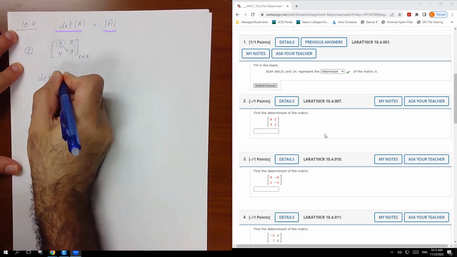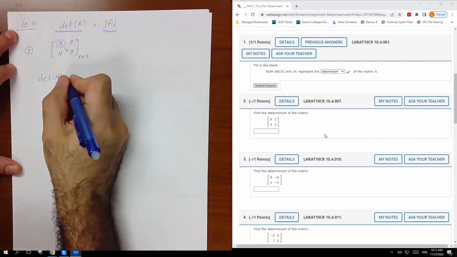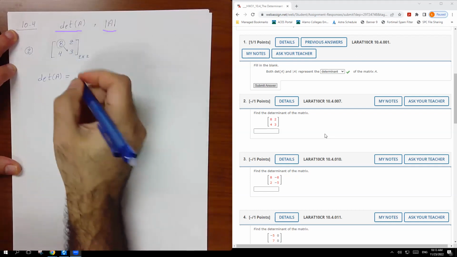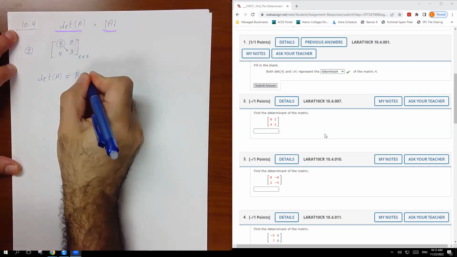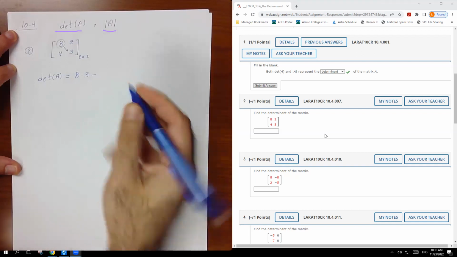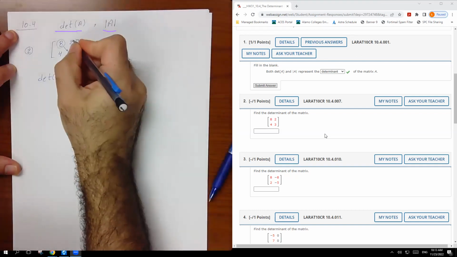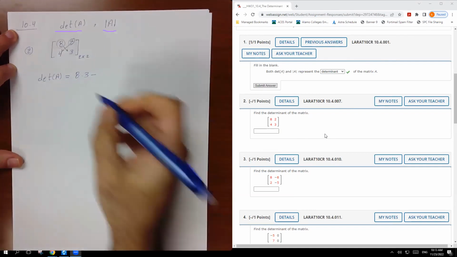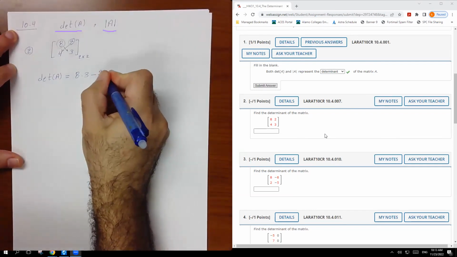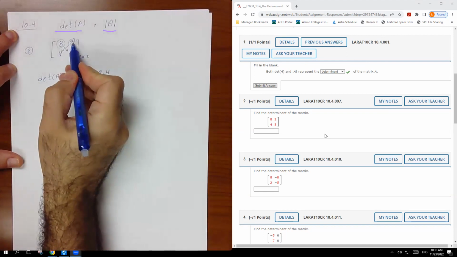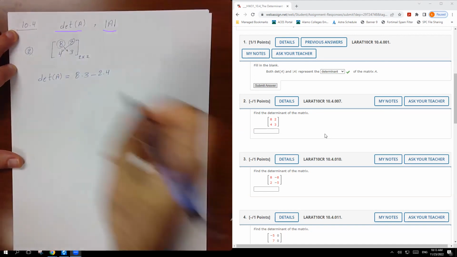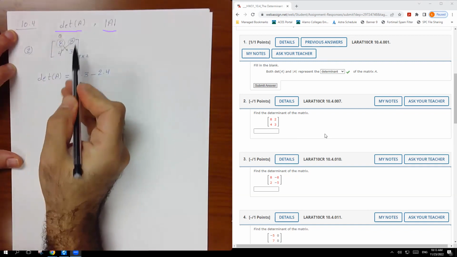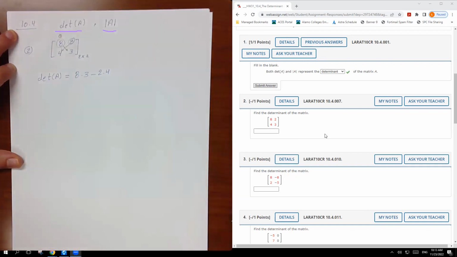Let's say this is the matrix A. It's going to be 8 times 3 minus 2 times 4. If you start from this number, it's going to be wrong. So always start from this number. 8 times 3 minus 2 times 4.